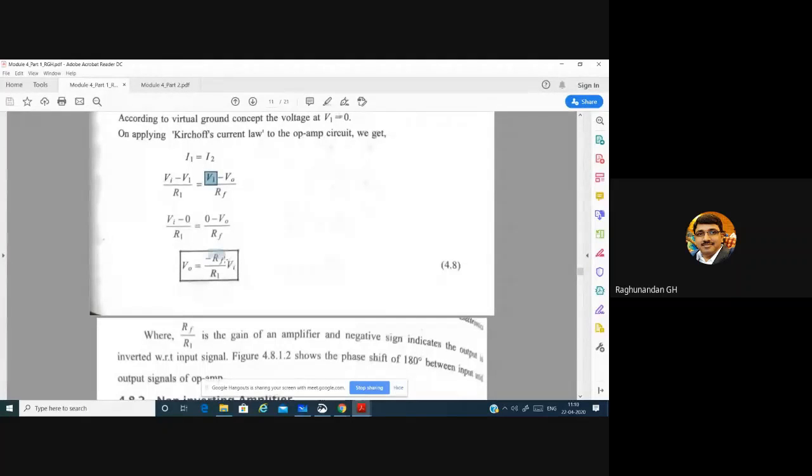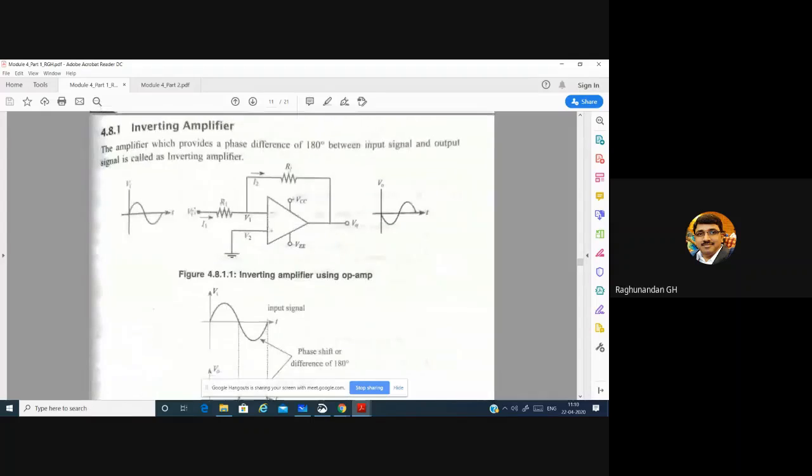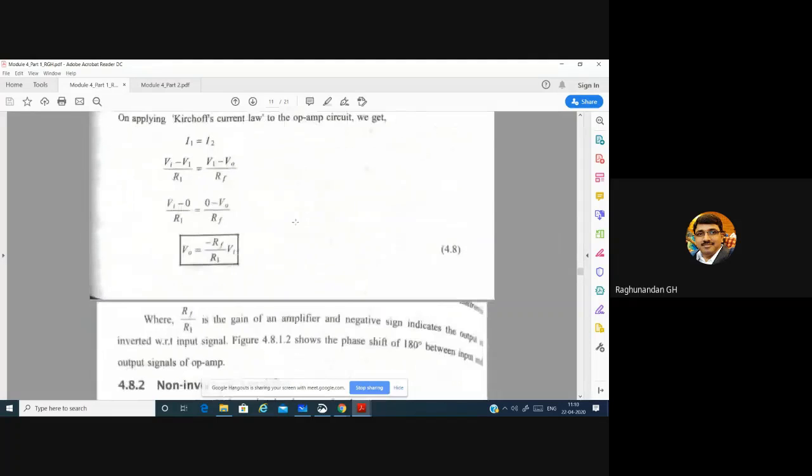Here Rf by R1 is our gain, Vi is our input voltage, and the minus indicates that it is going to invert the input signal. So input and output have a phase difference of 180 degrees. Don't think that the minus is a negative gain.